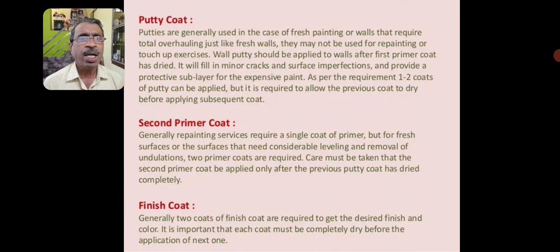Care must be taken that the second primer coat is applied only after the previous putty coat has dried completely. Third is the finish coat. Generally, 2 coats of finish coat are required to get the desired finish and color. It is important that each coat must be completely dry before the application of the next one.